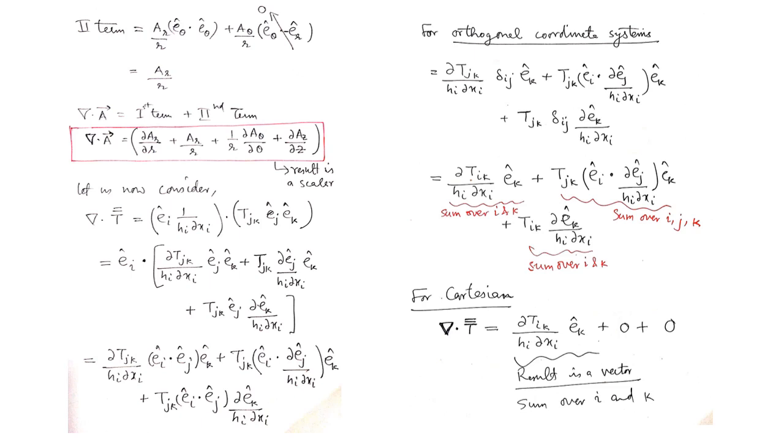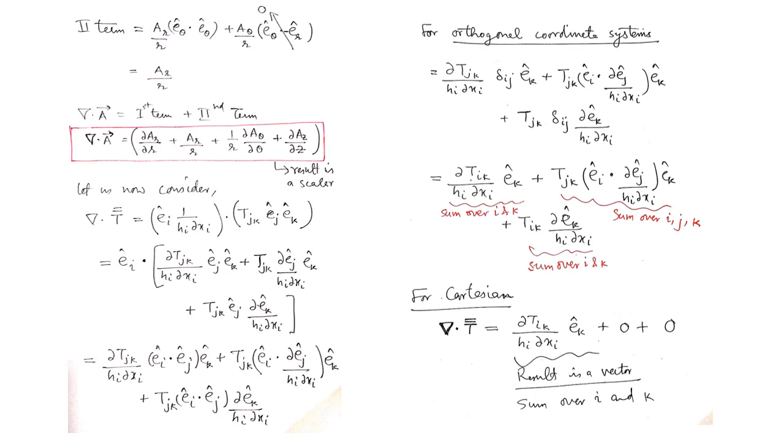we look at the second term in the divergence of a vector. So as I pointed out, since I am fixing i with theta and I just need to vary j over r and theta, I'll get these two terms.